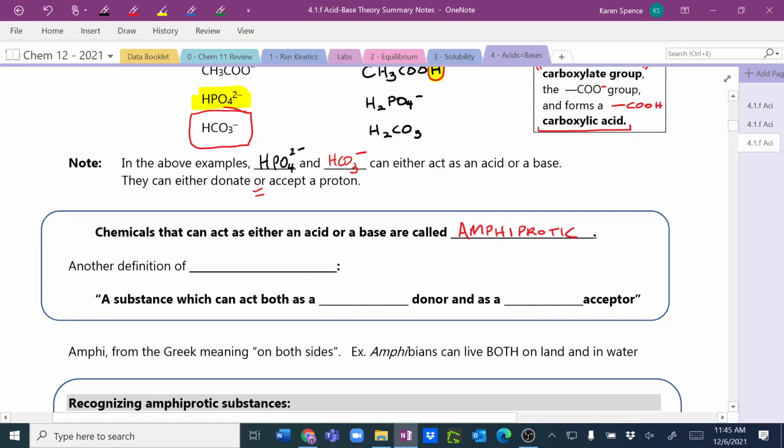Another definition of amphiprotic is a substance that can act both as a proton donor and a proton acceptor. You could say H plus.